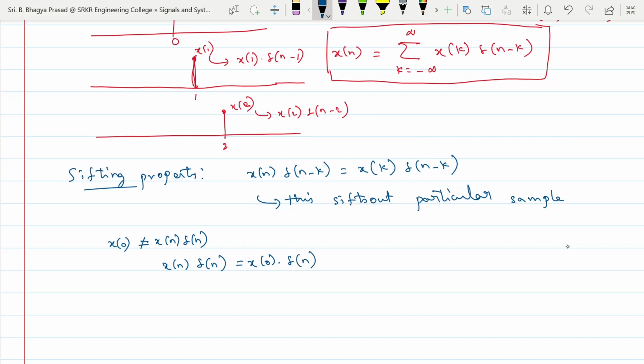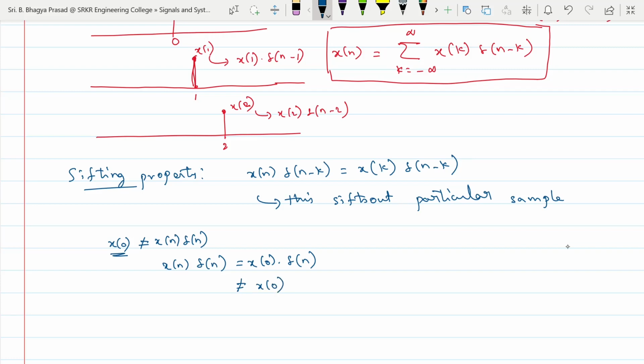You should not represent a particular value, x naught, like x of n del n. You should write x of n del n as x naught del n, not equal to x naught.